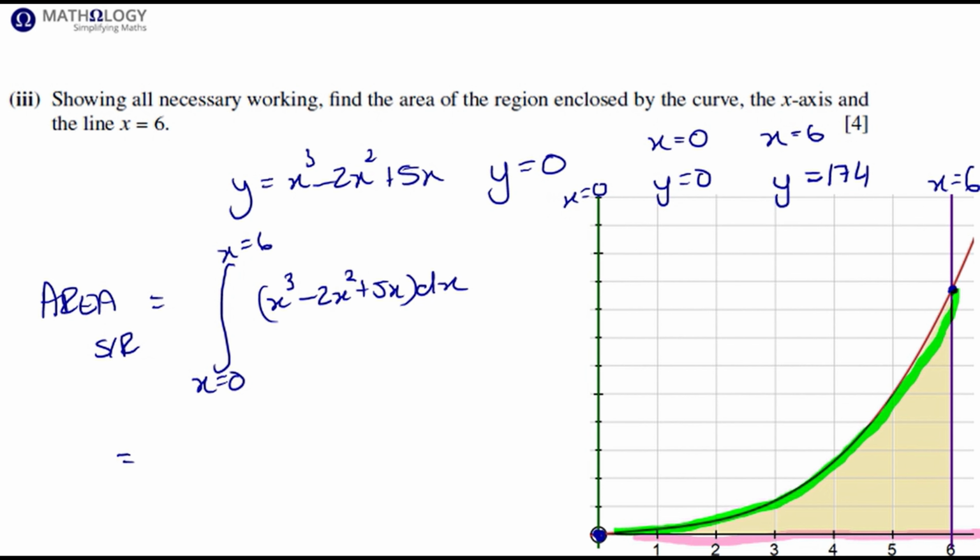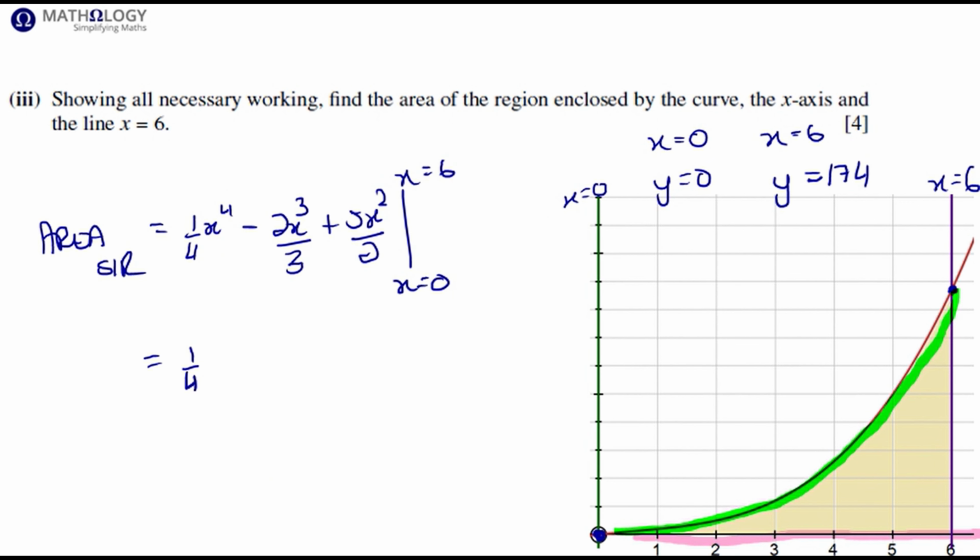Now we can integrate. Integrating x cubed gives us a quarter x to the 4, minus 2x to the 3 divided by 3, plus 5x squared divided by 2, and this is all evaluated between x equals 0 and x equals 6.